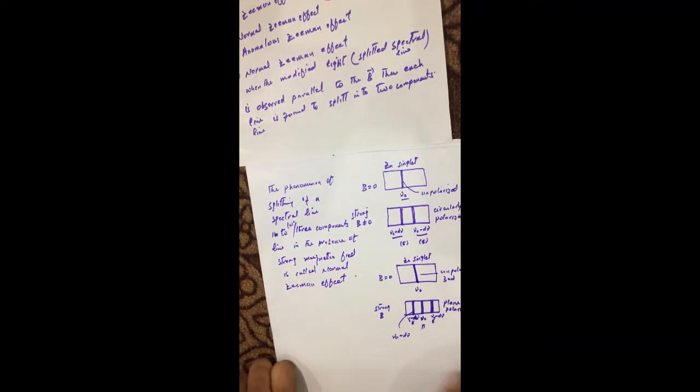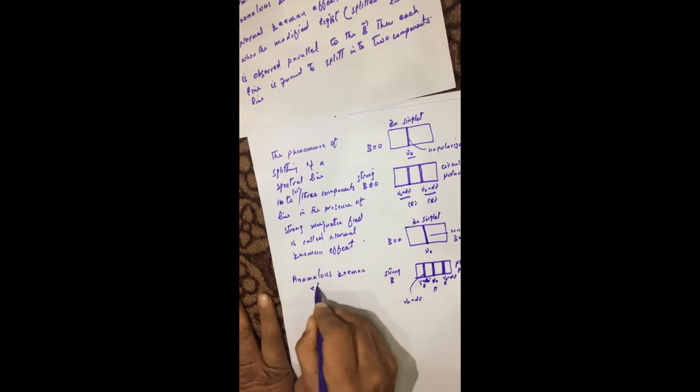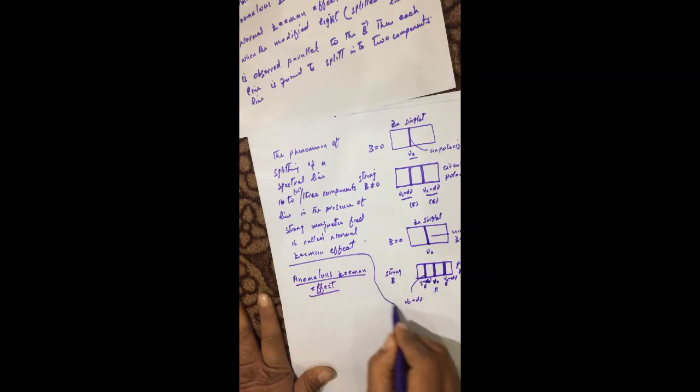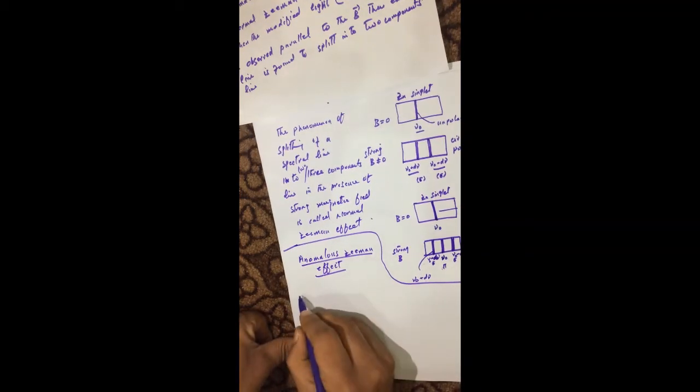Okay, next we have anomalous Zeeman effect. Now this I can define first.